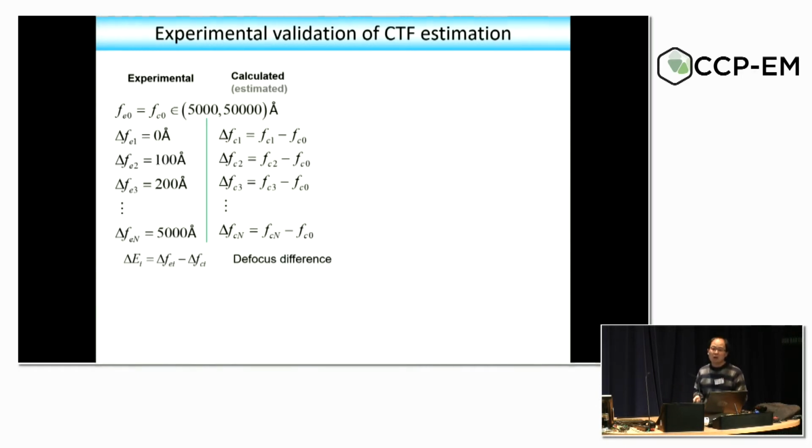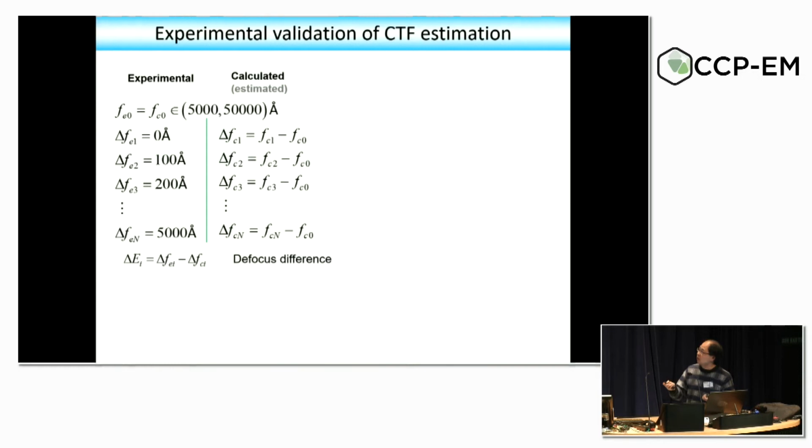So how does GCTF perform, or what about the accuracy of GCTF? Usually we can easily verify the performance of the program by a method called self-consistent verification. That means you use different parameters or run it multiple times. But I would suggest experimental validation should be the ideal approach to validate the program. So how does it work?